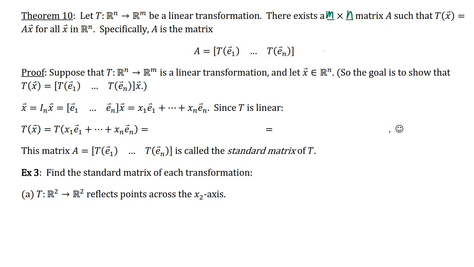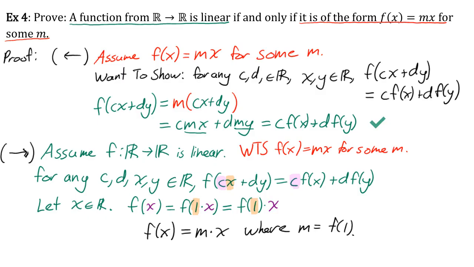So this is saying that every linear transformation is a matrix transformation, just like we proved about R1 to R1 functions: every linear transformation from R to R is equal to f of x equals mx for some number m. You can think of that number m as like a 1 by 1 matrix.